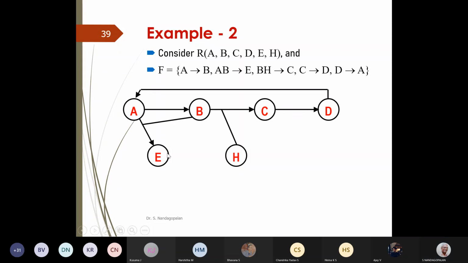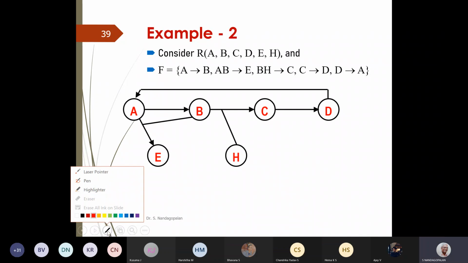E is only incoming. That means you can see here E appears only on the right hand side. E is not appearing on the left. So that cannot be taken for the candidate key. See, any attribute which appears only on right is not part of the candidate key.